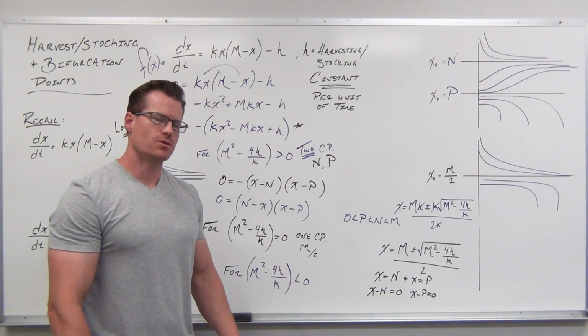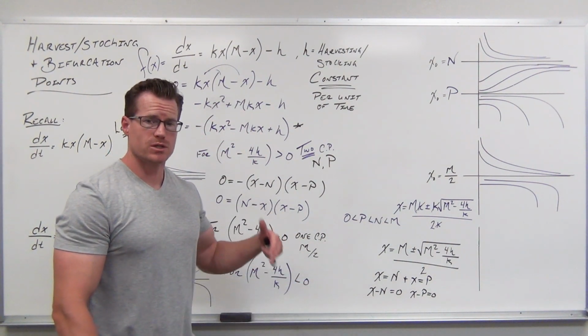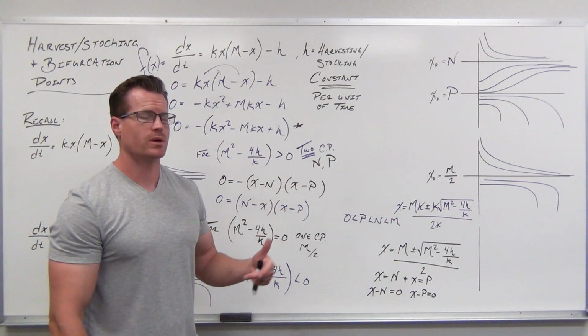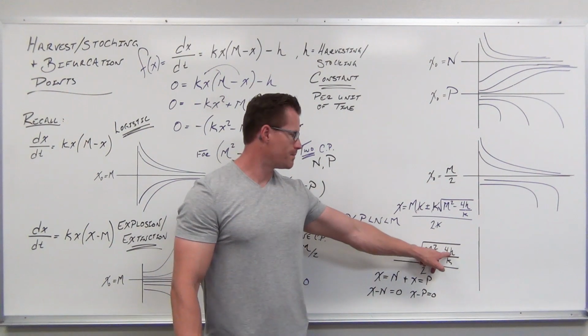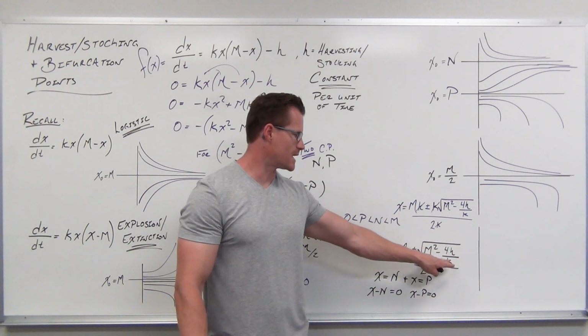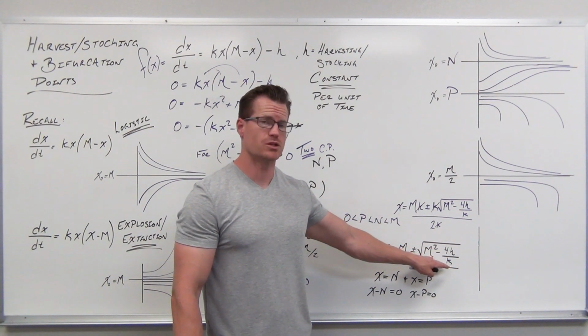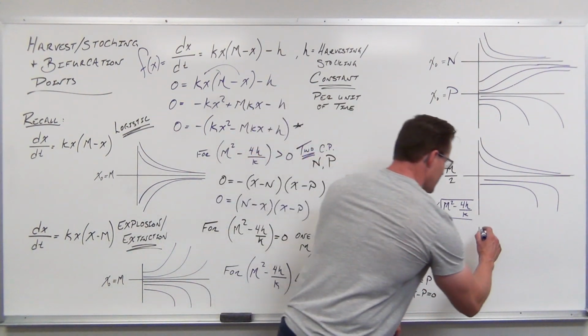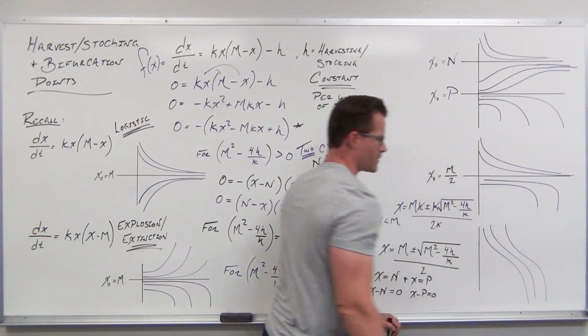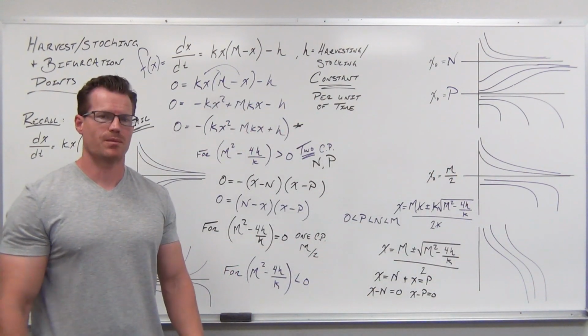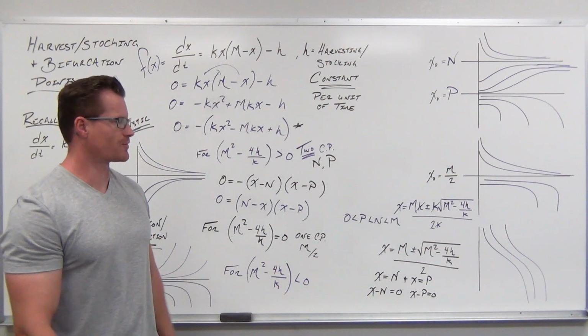And we're going to do one of two things depending on where we start. We're either going to explode in population or we're going to go extinct in population. So if this is so big that this becomes negative, then your population is going to go extinct. We're basically going to get this picture somehow. We're going to have an extinct population. You're going to decrease. Now, you'd be a little bit different than that.